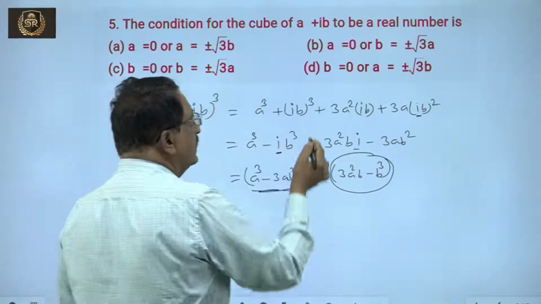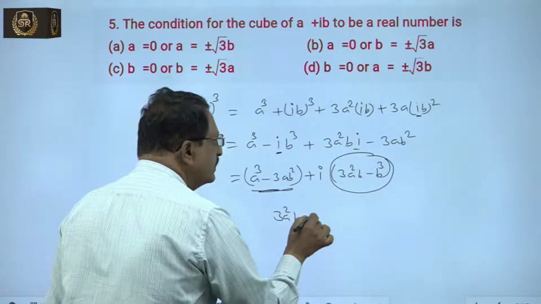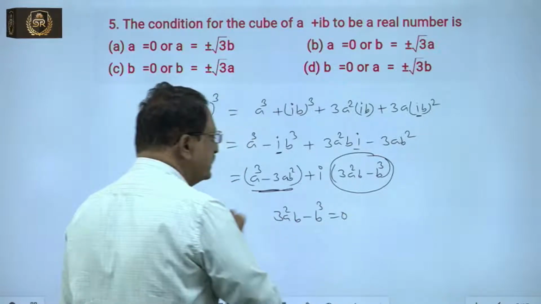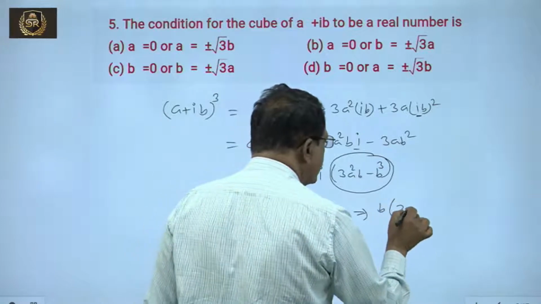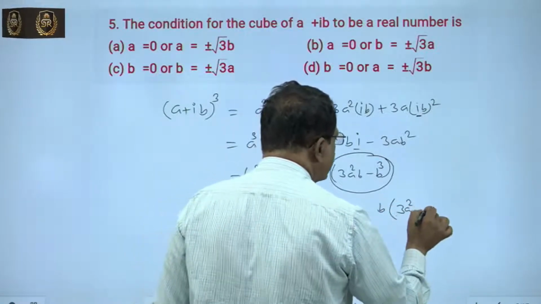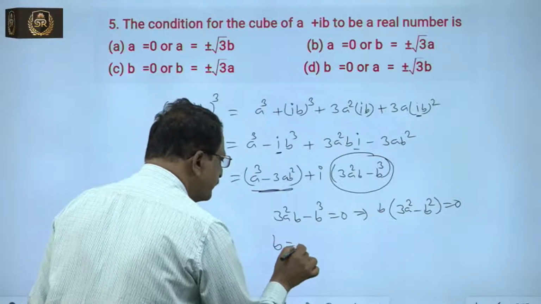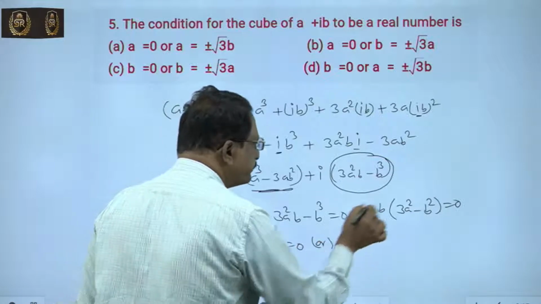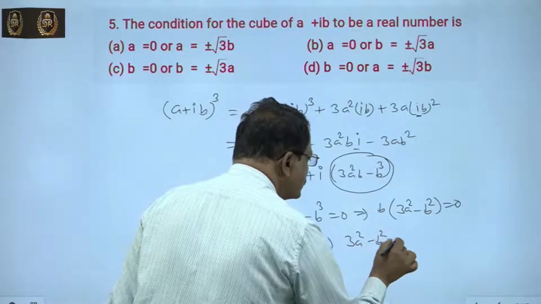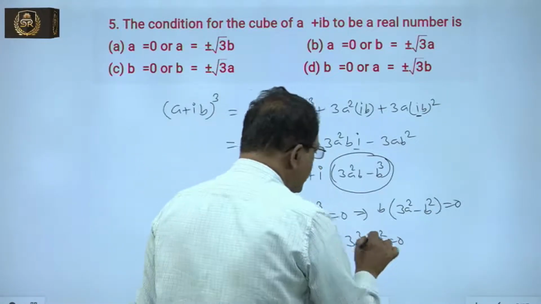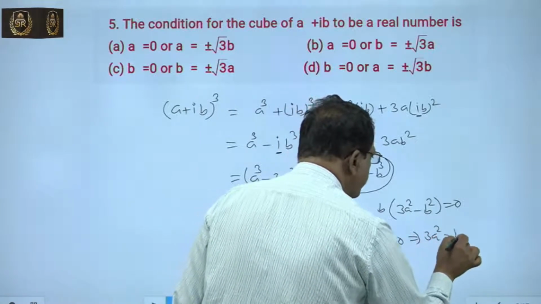It is purely real, then the imaginary part equals 0, meaning 3a square b minus b cube equals 0. This implies b common, b times (3a square minus b square) equals 0. Now b equals 0 or 3a square minus b square equals 0. Now 3a square minus b square equals 0 implies 3a square equals b square.